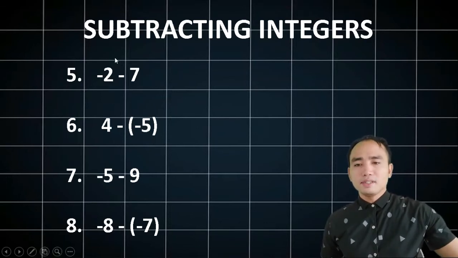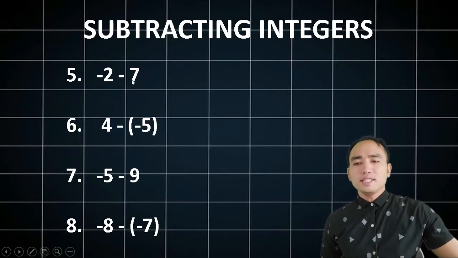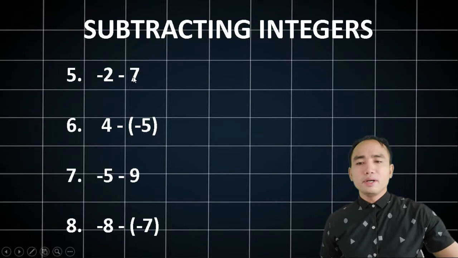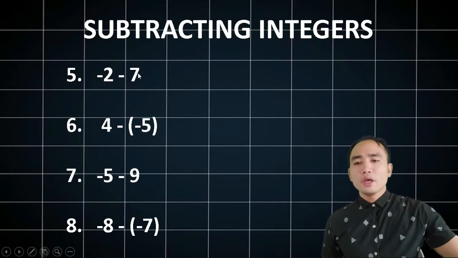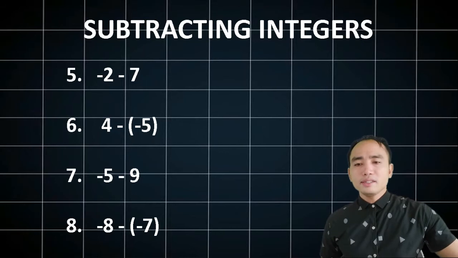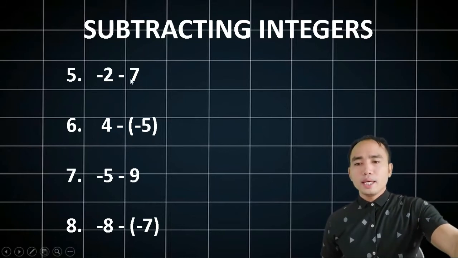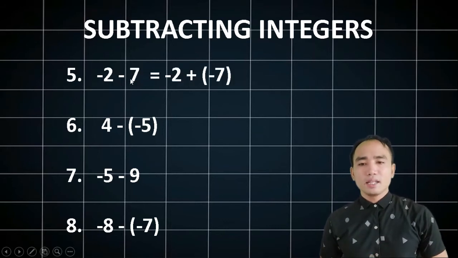The opposite of positive 7, or the additive inverse of positive 7, is negative 7. And then we have to change the operation to addition. So it will be negative 2 plus negative 7.